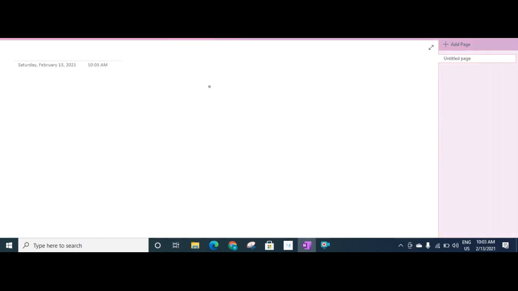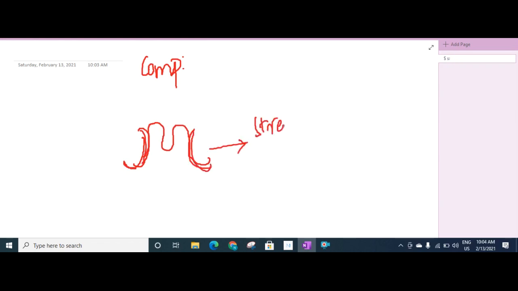Now the complications. Whenever there is tonsillitis, the infection can be due to streptococcal infection.